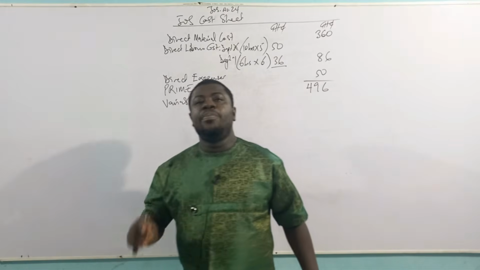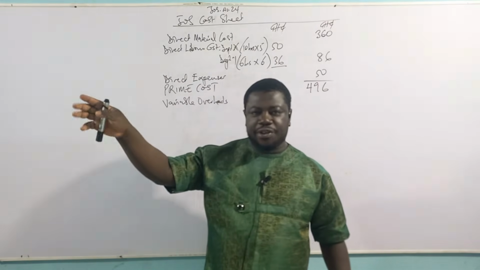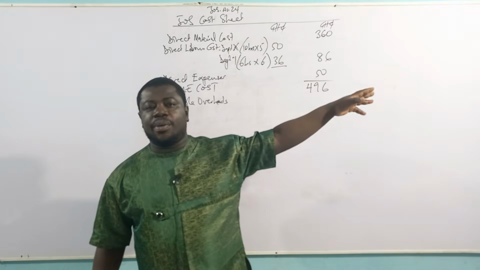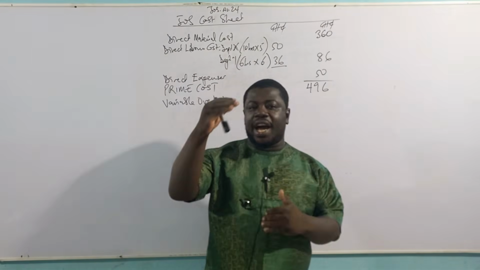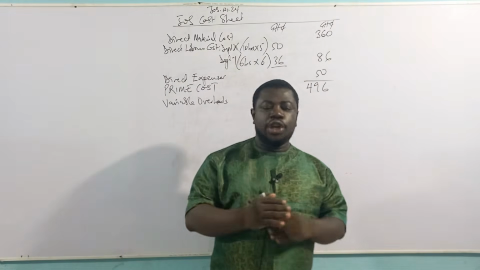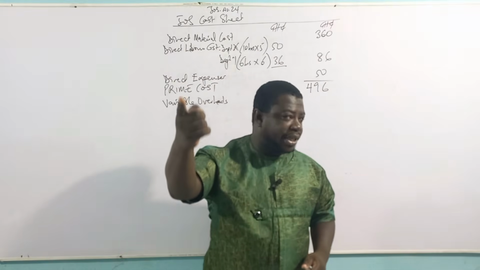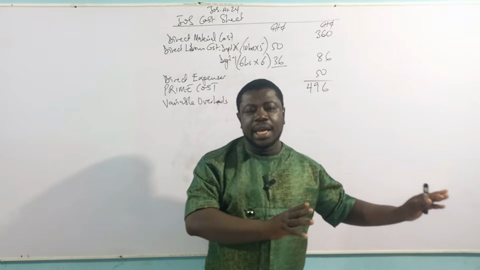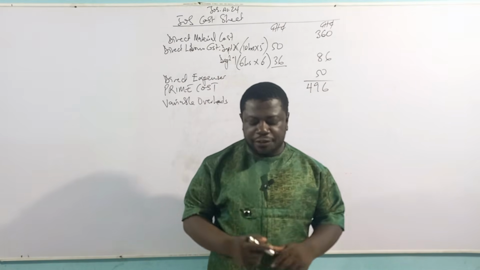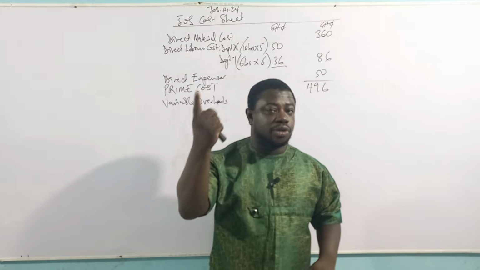So you need to divide the amount by the hours to get the predetermined rate for production department X. And we do the same for department Y to get a predetermined absorption rate.